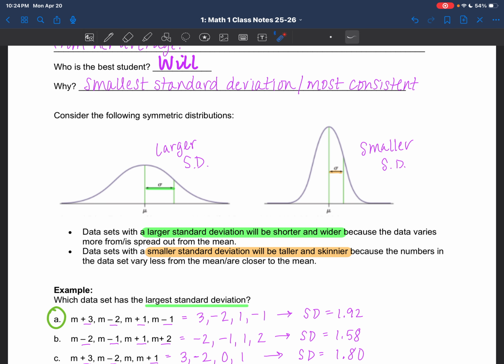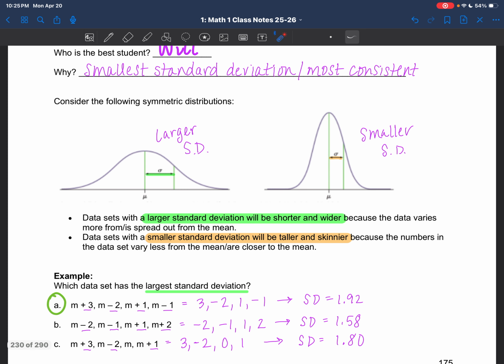So data sets with larger standard deviation will be shorter and wider, like this one, because the data varies and is more spread out from the mean. Data sets with smaller standard deviation will be taller and skinnier because the numbers vary less. So there's more within this value, which would be the smaller standard deviation.